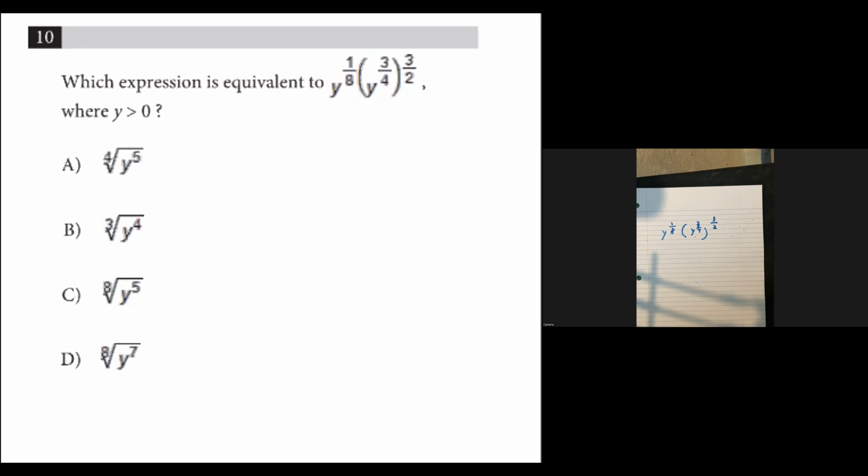First we need to use PEMDAS, and we need to realize that we need to do this part first. So y to the 3 over 4 to the power of 3 over 2 is the same as rule number 3, which is a to the x to the power of y equals a to the xy. So this is just y to the 3/4 times 3 over 2.